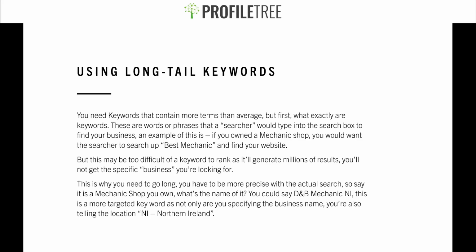You could probably say D&B Mechanic NI. So we've given some specifics there, which is D&B, which could suggest the name, or if we wanted to add the full name, we could do so. And then we're also stating that we're a mechanic in Northern Ireland. NI is an abbreviation, of course, for Northern Ireland.